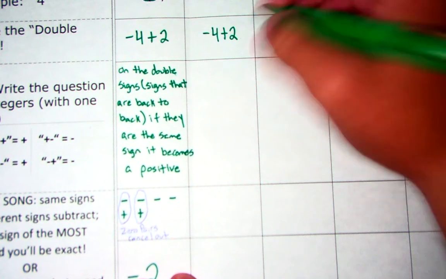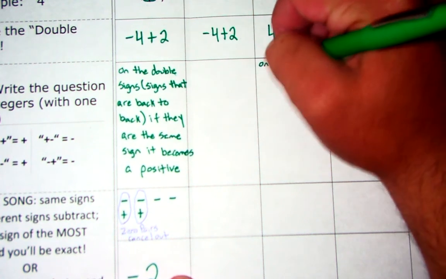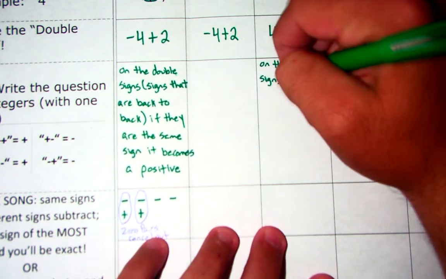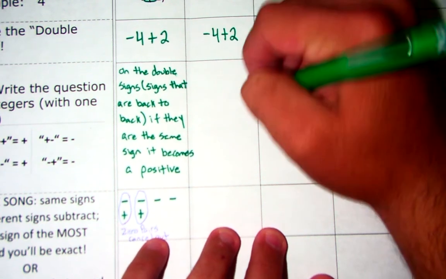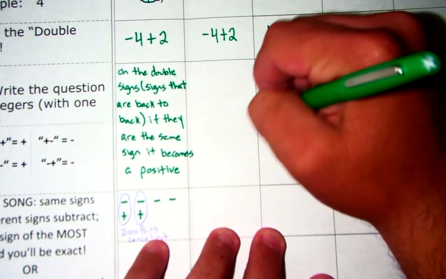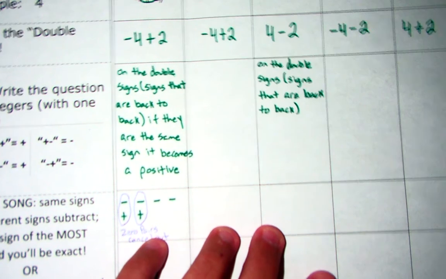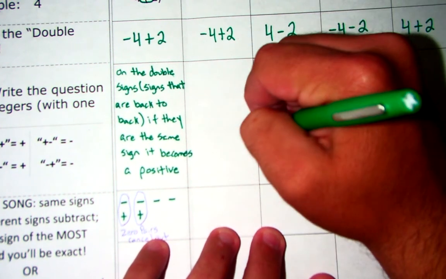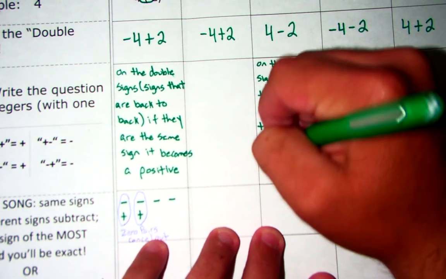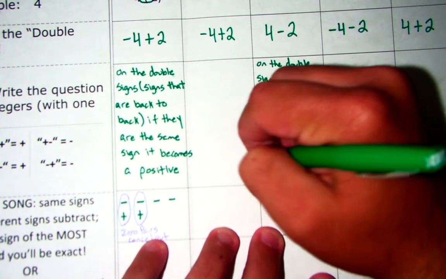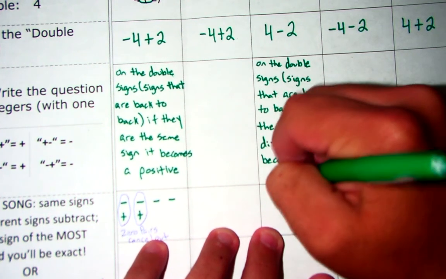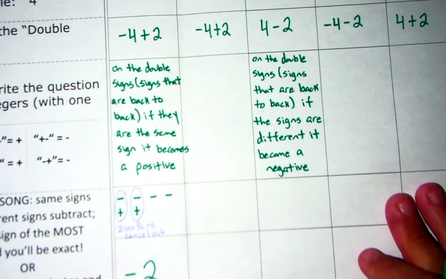So verbally, on the double signs, again, signs that are back to back, if the signs are different, it becomes a negative. Okay.